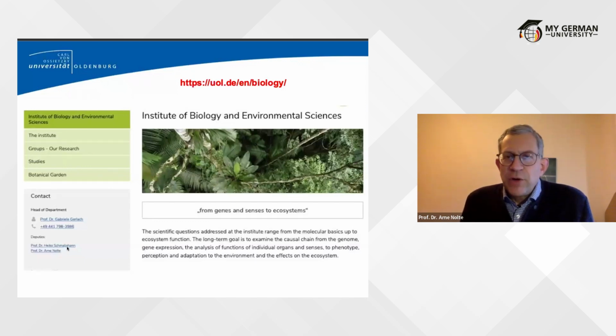You can explore that web page and see what study groups we have. And you see one key focus at our institute, and that is to find the connections between genes and senses to ecosystems. So we span a wide range of different levels that we look at that should be interesting to many students of biology.